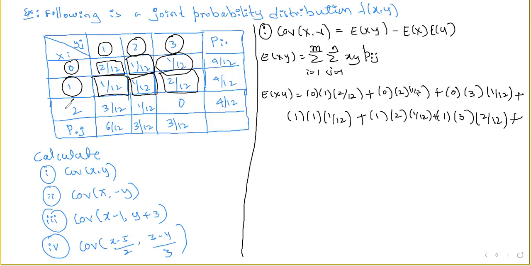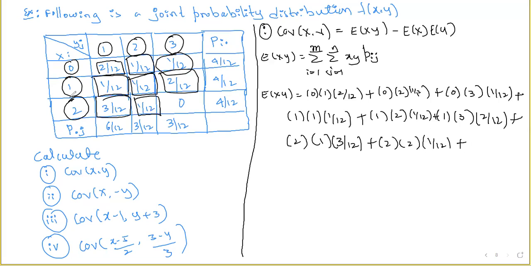Plus x equal to 2, y equal to 1, and its probability is 3 by 12, plus x equal to 2, y equal to 2, and its probability is 1 by 12, plus x equal to 2, y equal to 3, its probability is 0.